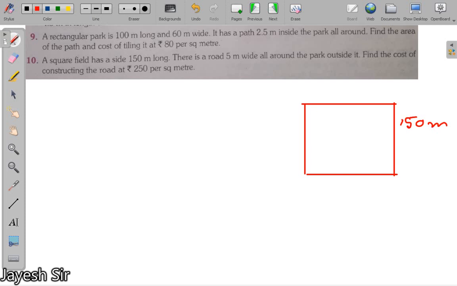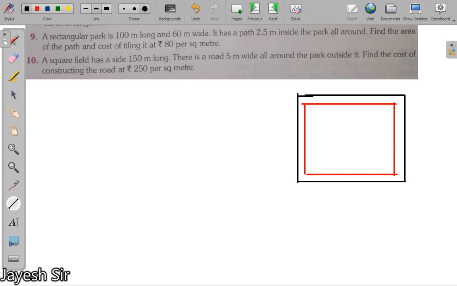There is a 5-meter wide road all around the park outside it. So let us draw that road outside the park. This is the road outside the park.